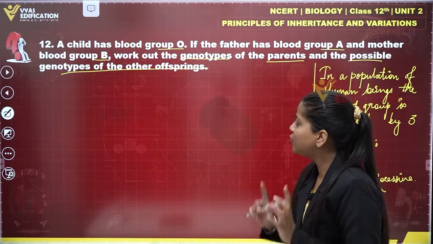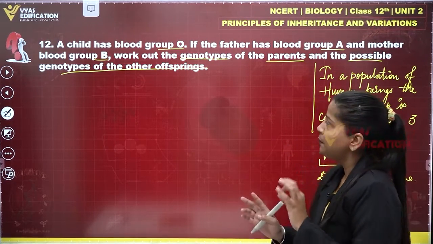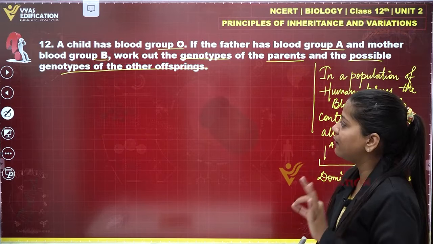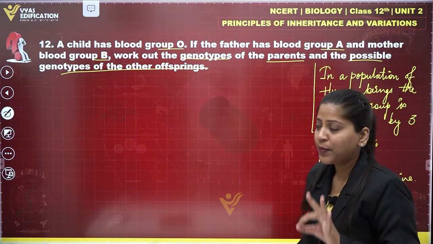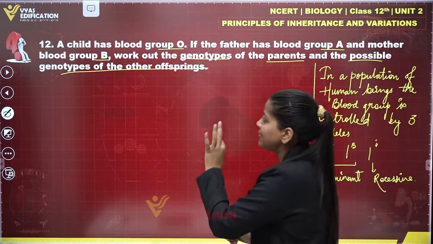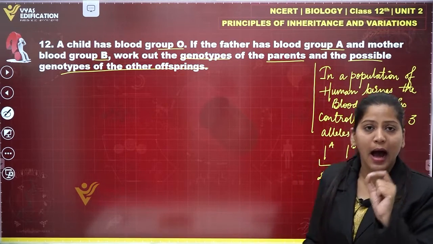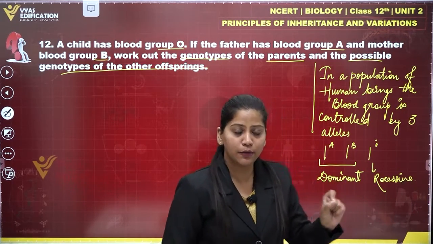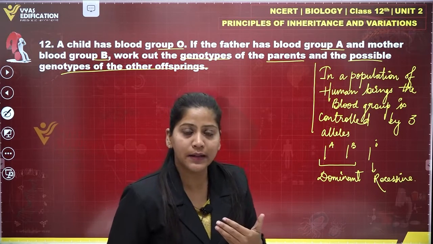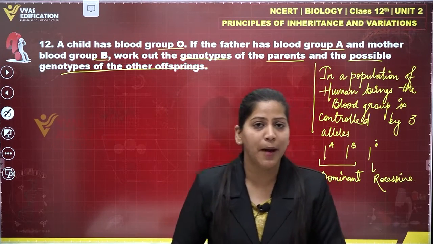Alright, now let's move again towards the question. If a child has blood group O, then it must have received allele i from one of the parents and also another allele i from the other parent.